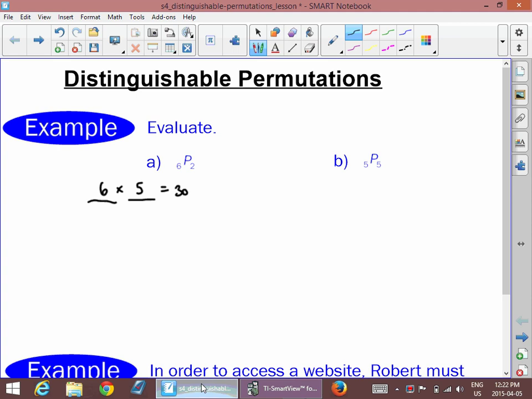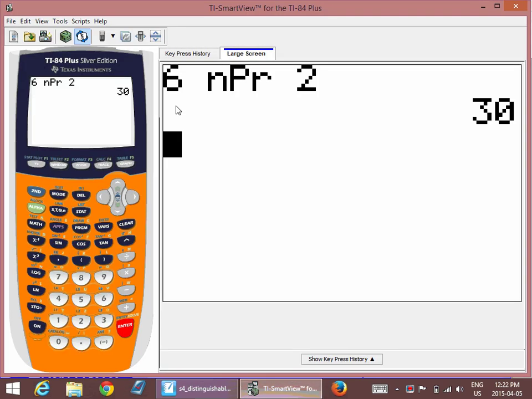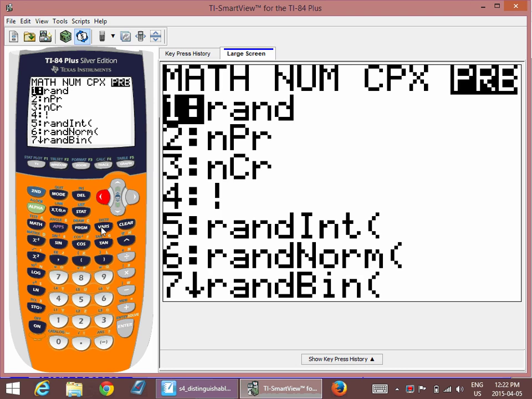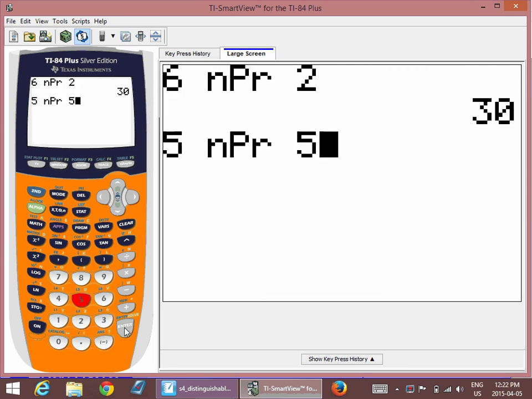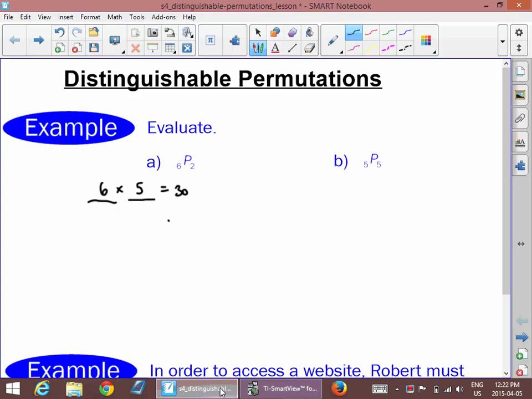So if we're doing that on the calculator, we also get the answer of 30. Let's try that for 5 pick 5. 5, math menu, probability, option 2, 5. The answer is 120.